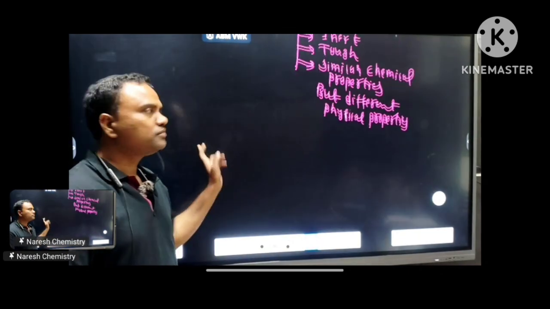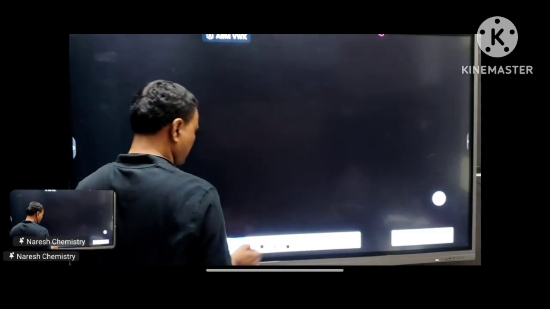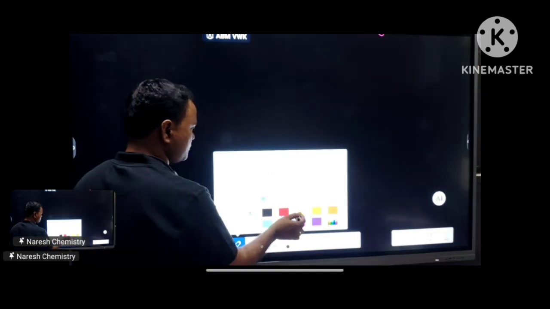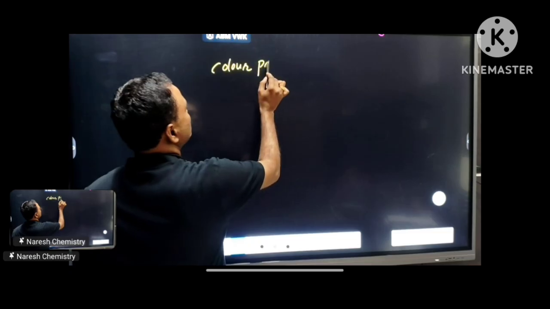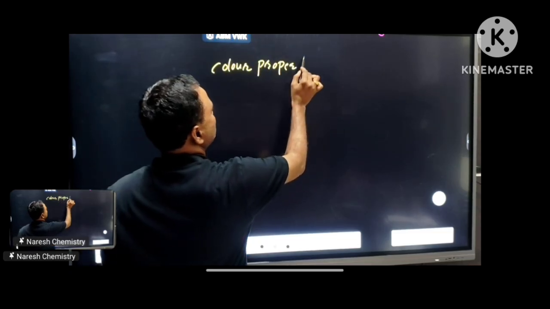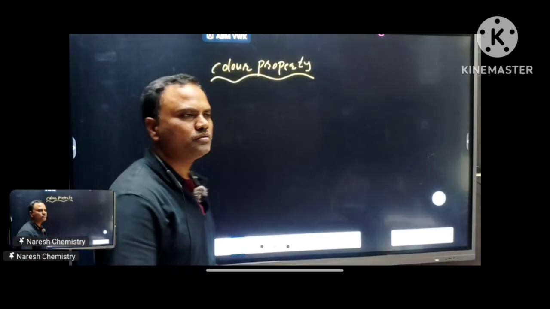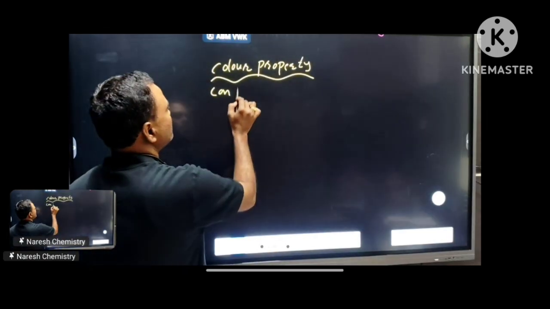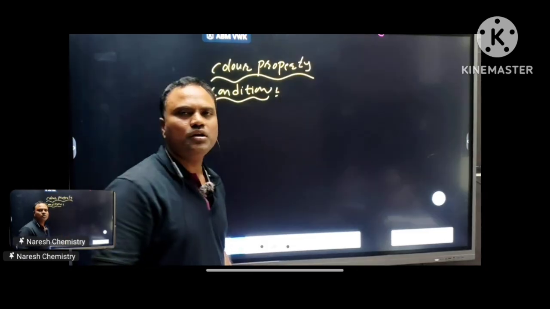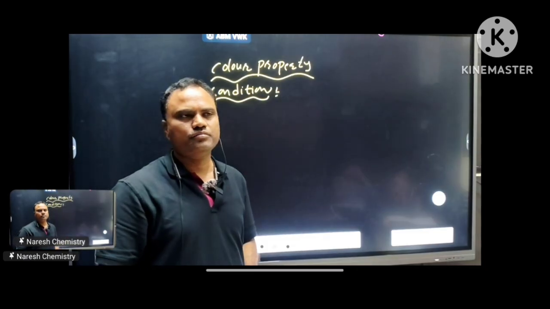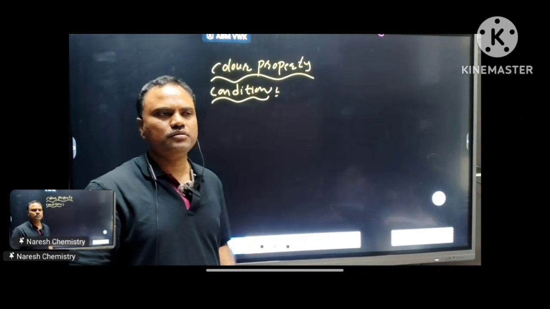Correct. Next, color property. What is the condition for color property? Condition, not reason. Condition: presence of at least one unpaired electron in the metal atom, neutral atom or its ion.